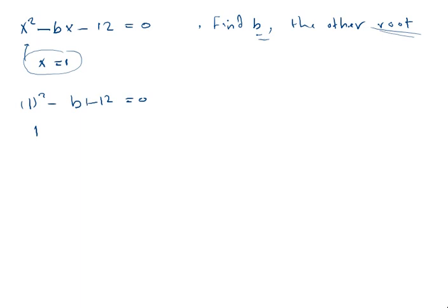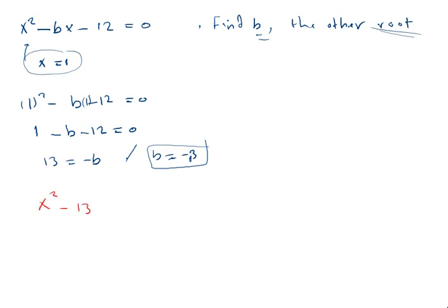So 1 minus b minus 12 equals 0. Minus 11 equals minus b, or b equals 13. Now the equation is x squared minus 13x minus 12 equals 0.